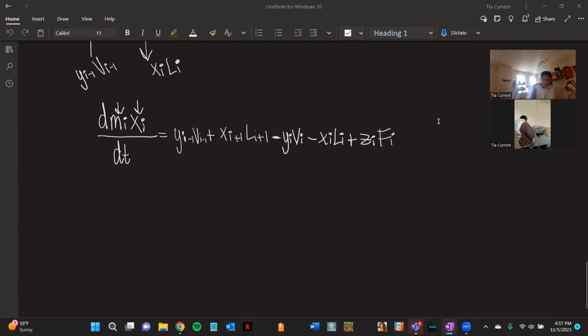Now we're just going to do an equation for the molar flow rates on the stage or the tray.